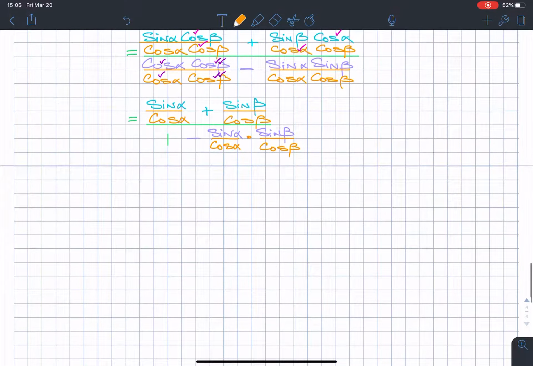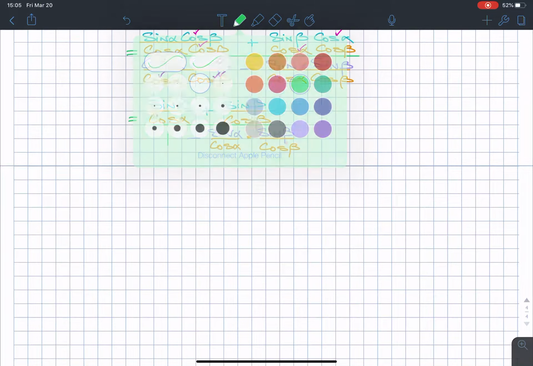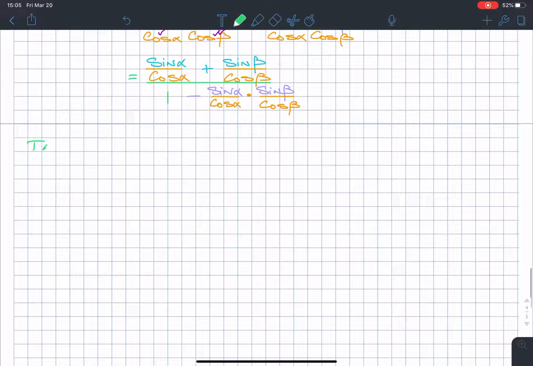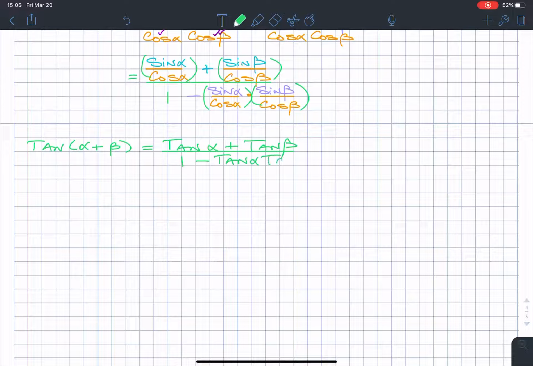So I claim that I can rewrite this when all is said and done as tangent of alpha plus beta is equal to, well, this first term in the numerator is tangent of alpha, plus this second term in the numerator is tangent of beta, all divided by 1 minus, well, this first factor is tangent of alpha, times this second factor is tangent of beta.